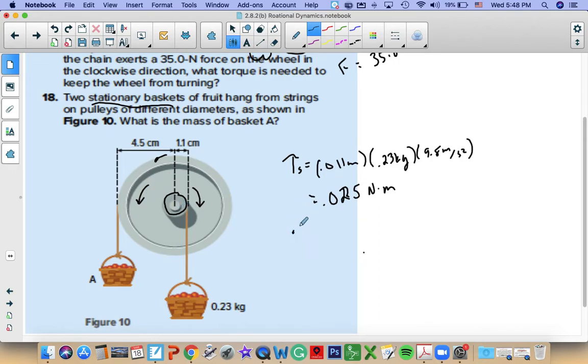Okay, so we have 0.025 Newton meters caused by the small gear, and that's balancing out the torque on the big gear. So the force, I don't know. And then we have our radius. So again, it's 4.5 centimeters, which you have to change. It's 0.045 meters. So divide.